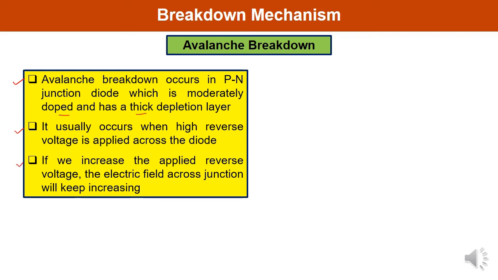How to understand this? See, you must listen to it very carefully, because when you are applying a large reverse voltage, then what will happen? Velocity of minority carriers will increase.